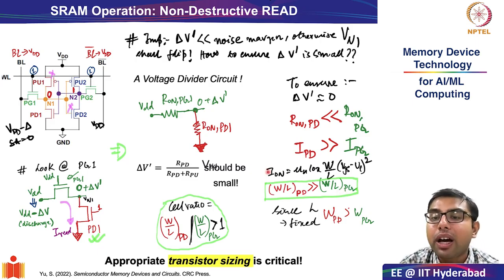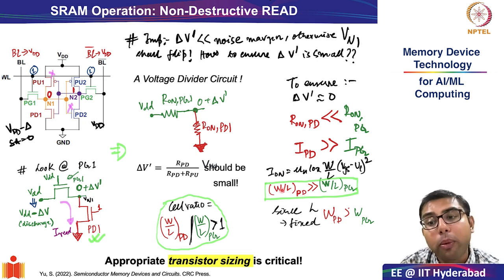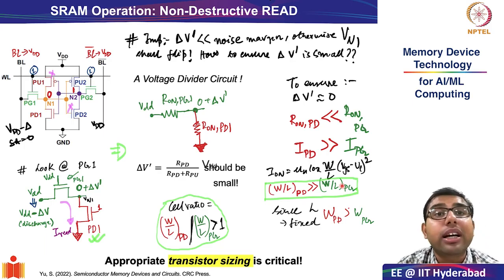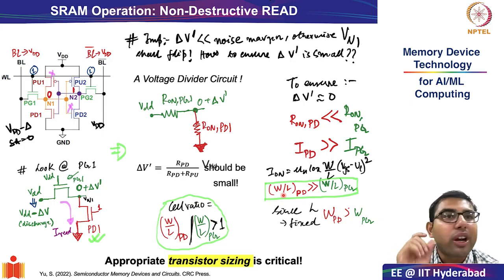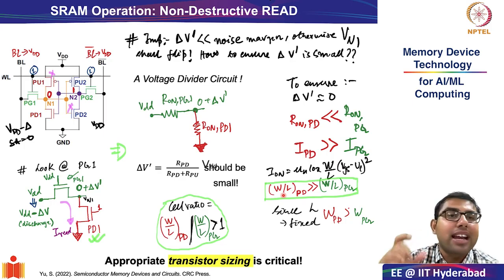Since the drive current of the pull down transistor should be much larger, the W by L ratio of the pull down transistor also should be much greater than the W by L ratio of the pass gate transistor. Now, a practical consideration is, for a particular transistor technology node, generally the channel length of the transistors is fixed, right? That's why we say it's the 45 nanometer node or the 22 nanometer node or the 10 nanometer node.